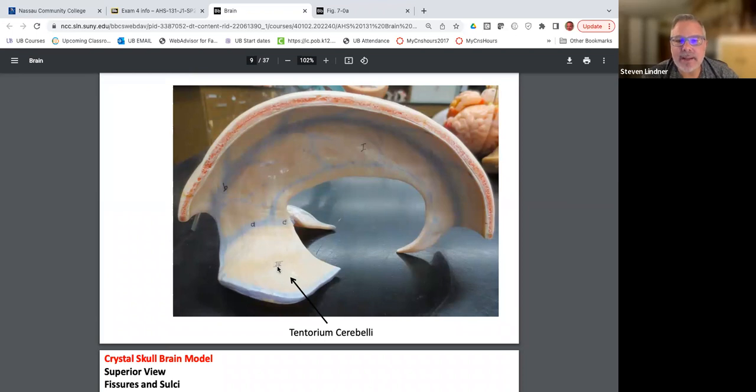This membrane here is called the tentorium cerebelli. It's going to separate the cerebrum from the cerebellum.